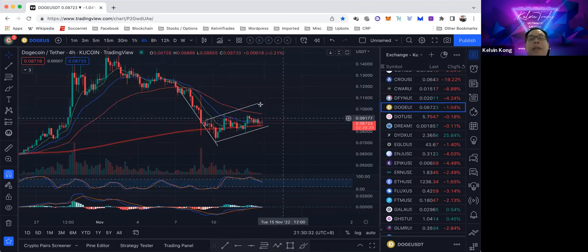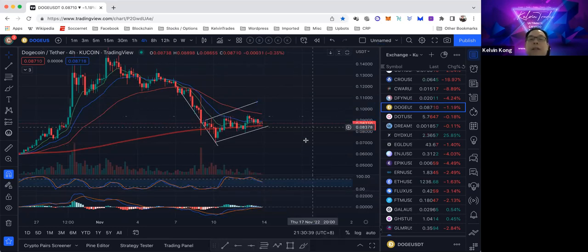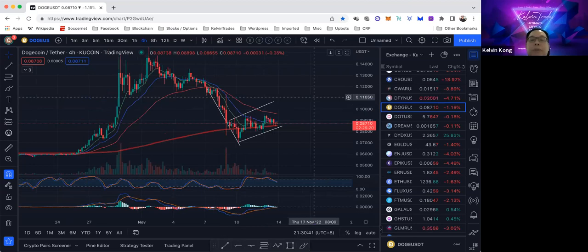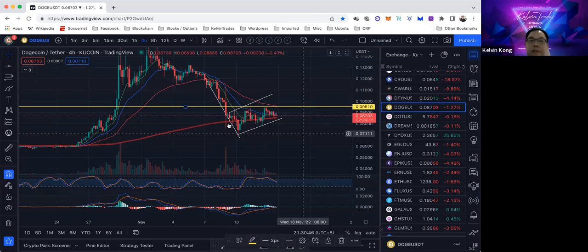Okay, it could also be a triangle, an ascending triangle. Sorry, not an ascending triangle. An ascending triangle is coming from the top.